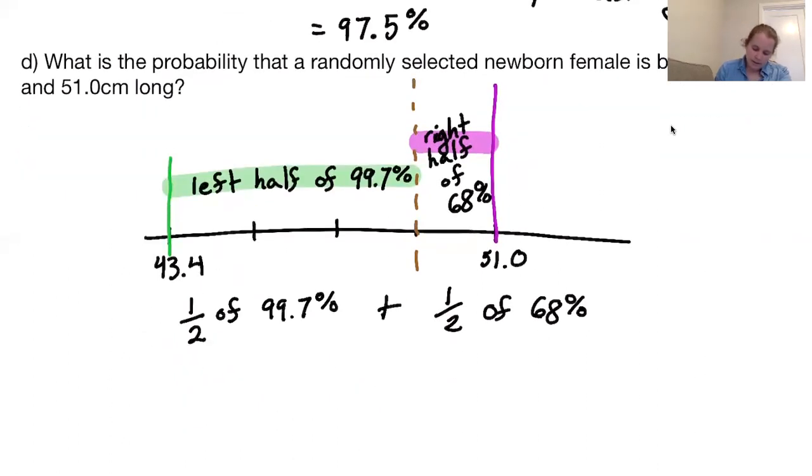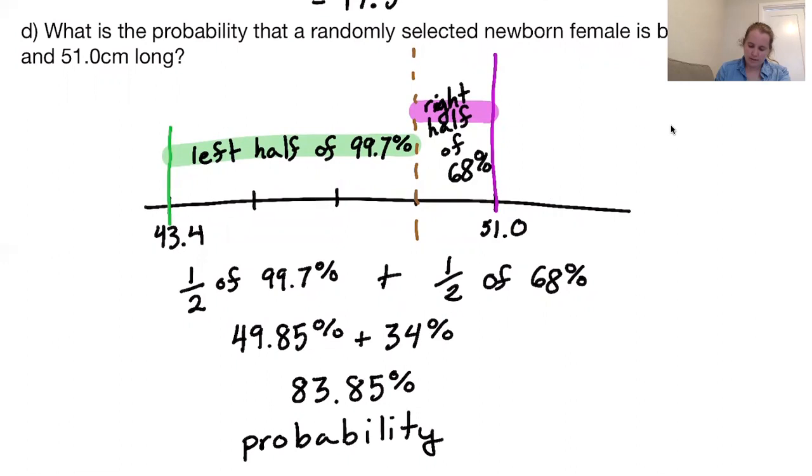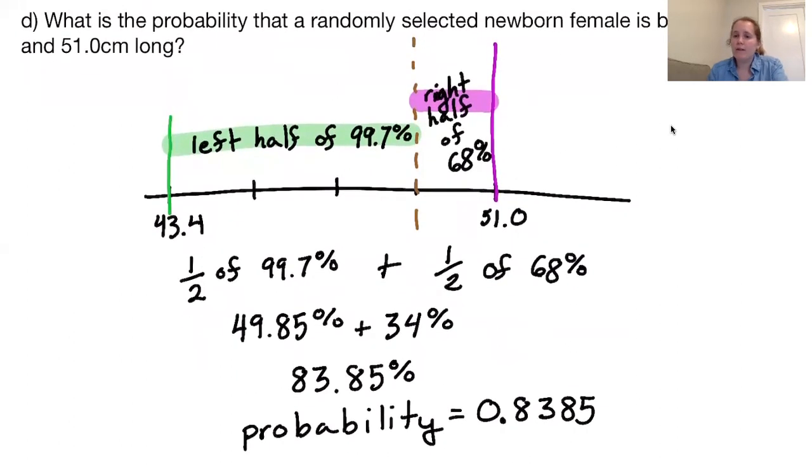So this is 49.85% plus 34%, otherwise known as 83.85%, or a probability of 0.8385. So this is a way we can play around with both symmetry and the 68, 95, 99.7 rule to find probabilities.